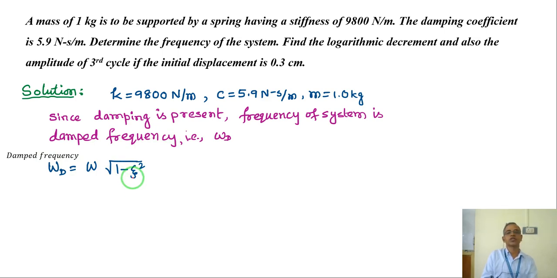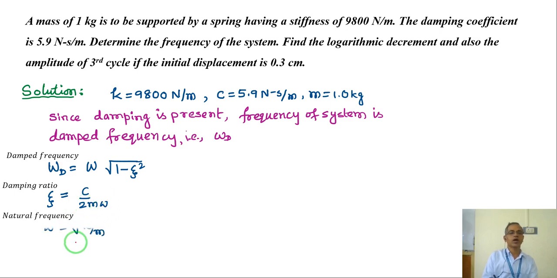Xi is the damping ratio, so I don't have the damping ratio. To find damping ratio, I have the relation xi equal to c by 2m omega. And how to find omega? Under root of k by m. Once I get omega, substitute here, I get damping ratio. Once I get damping ratio, substitute here, I get omega d. That's what he is asking.